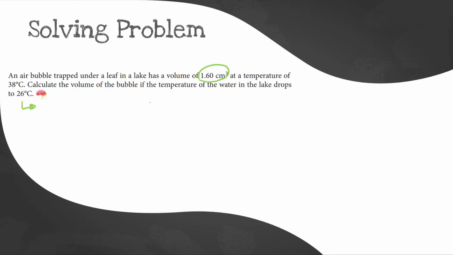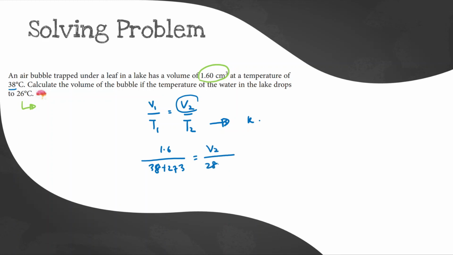Okay. Alright, so of course kita boleh guna kita punya formula tadi. V1 over T1 equals to V2 over T2. But tadi kita dah tengok temperature kena in Kelvin. Okay, so now kita nak V2. So, masukkanlah 1.6 bahagi 38 tambah 273 equals to V2 divided by 26 plus 273.